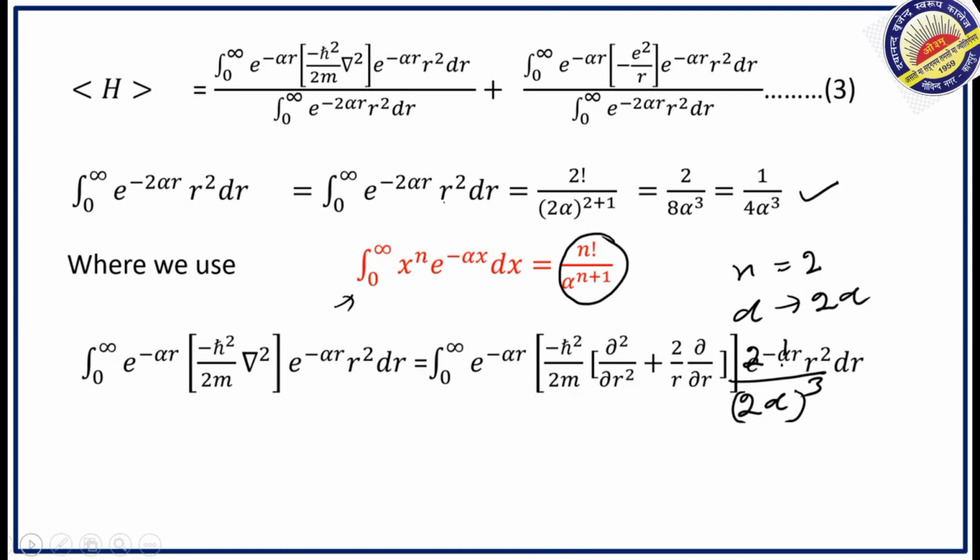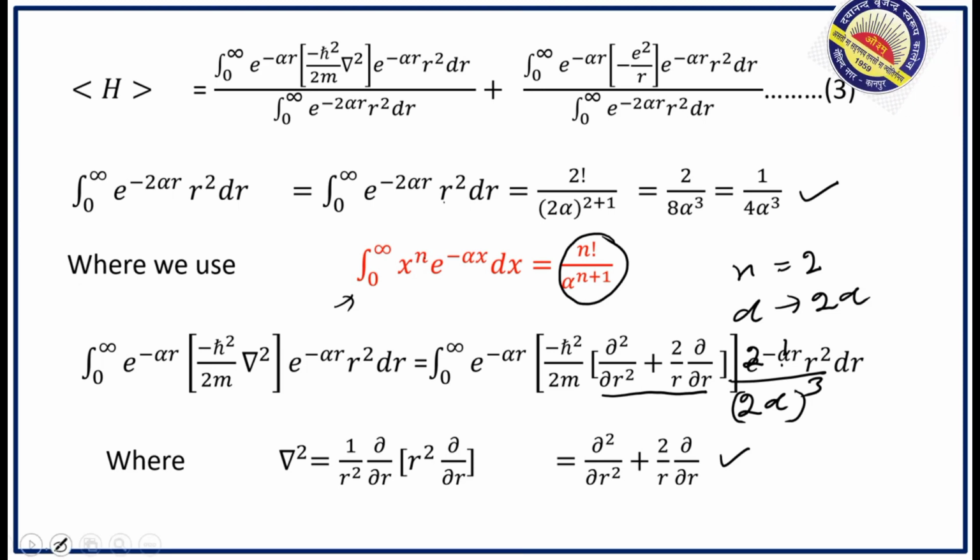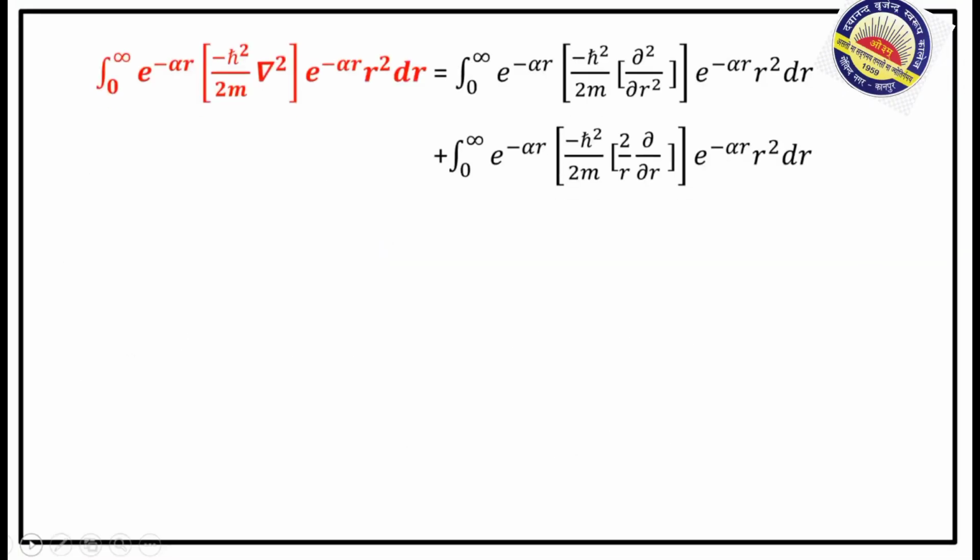Now take the numerator. The first term of the numerator is e to the power minus alpha r, minus h cut squared by 2m del squared, e to the power minus alpha r, r squared dr. Put the value of del squared: del squared is equal to d squared by dr squared plus 2 by r d by dr. So both terms are separated.